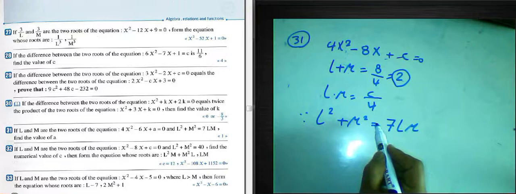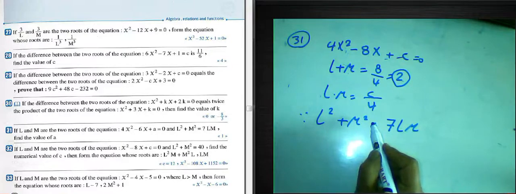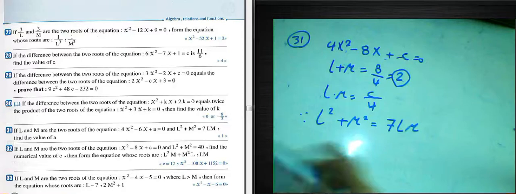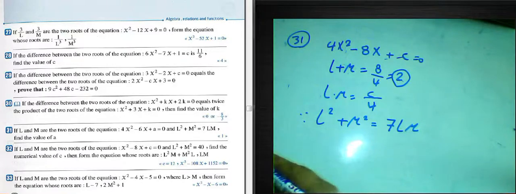You want to find a. Question 31: 4x power 2 minus 6x plus a.